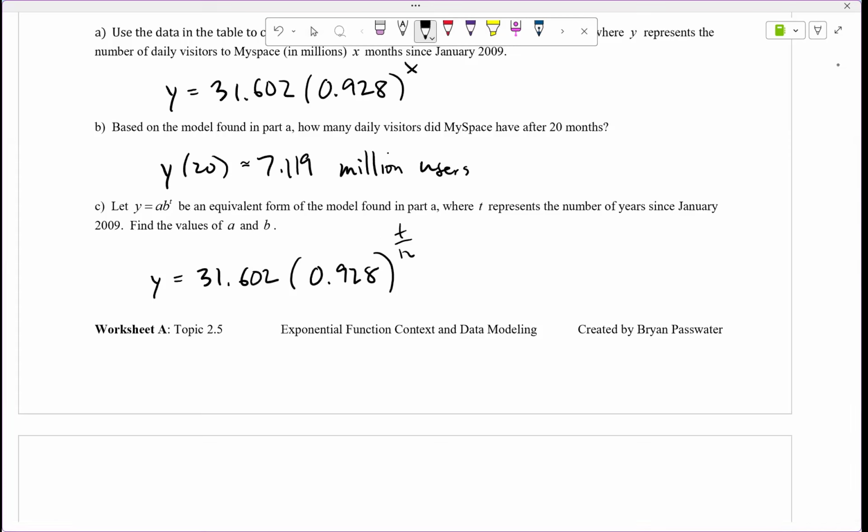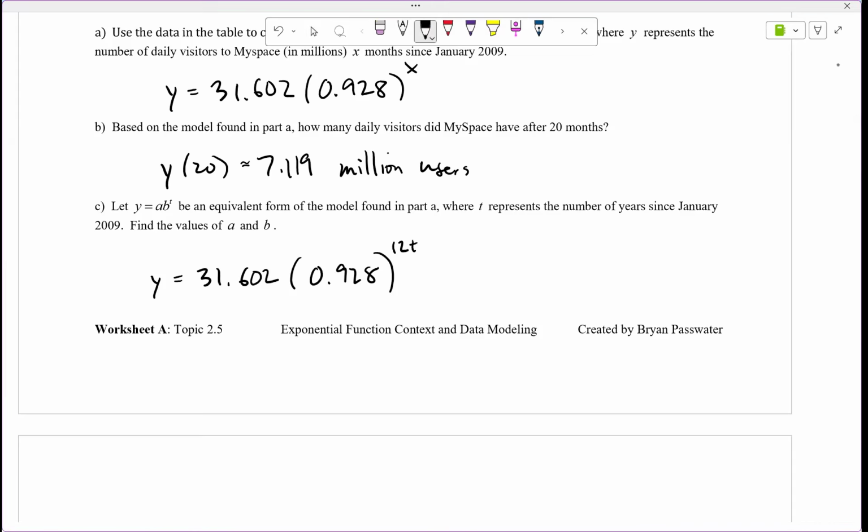If you put a 1 here for 1 year, you have 1/12 of... There's no way to make them match. So you kind of have to work out the relationship here.